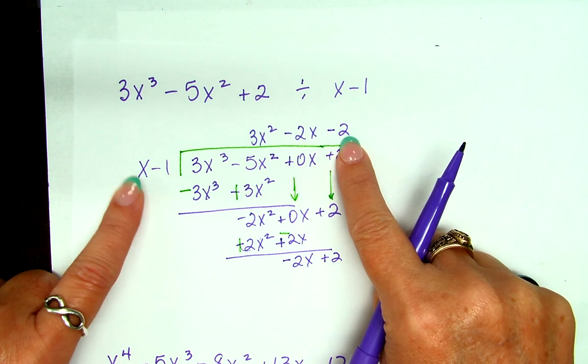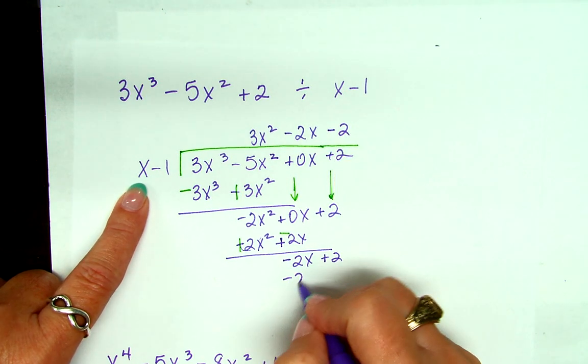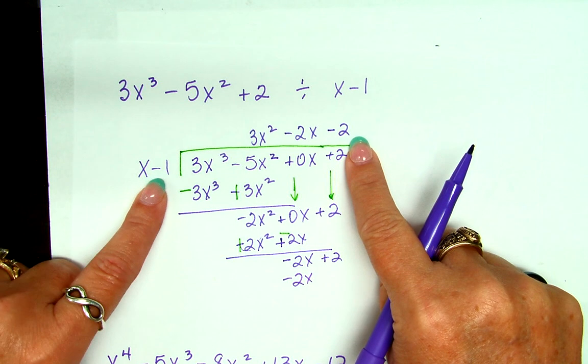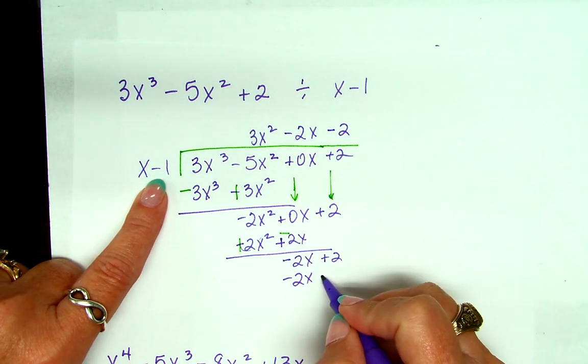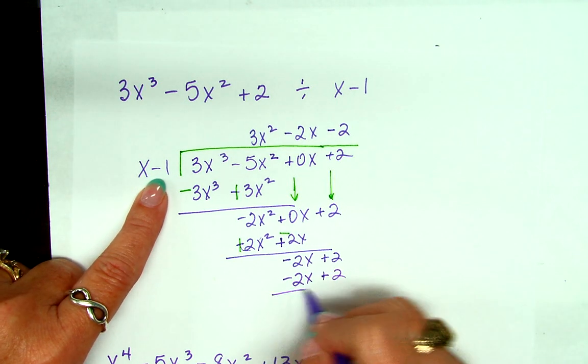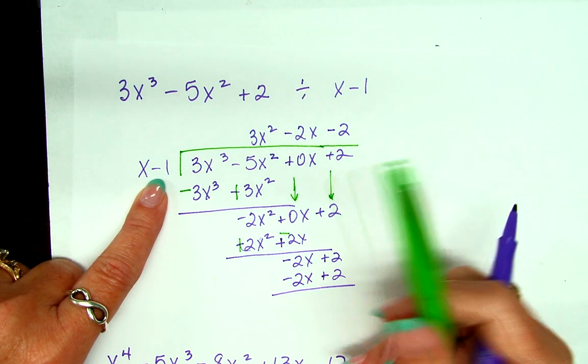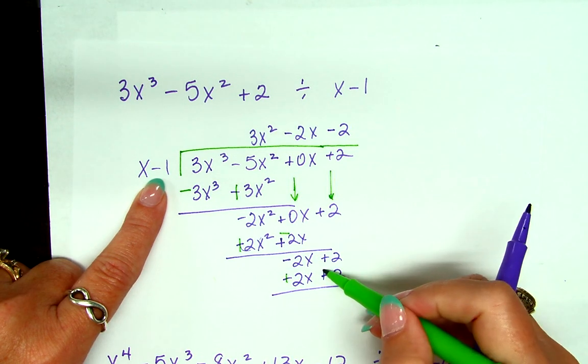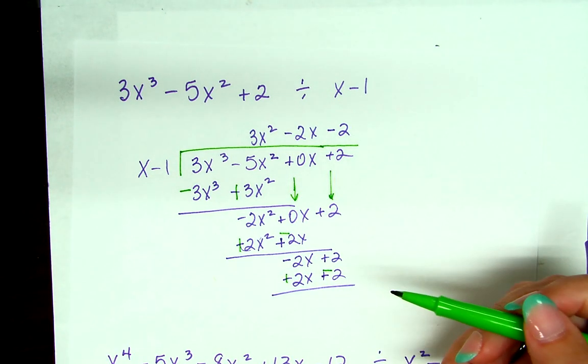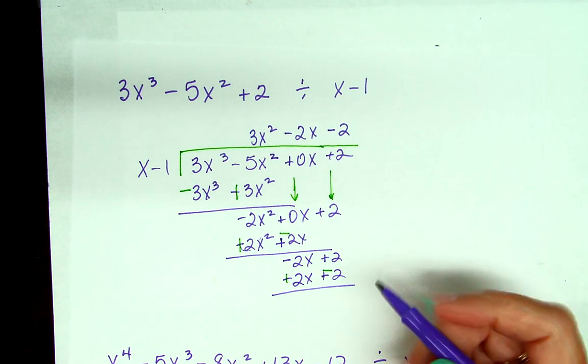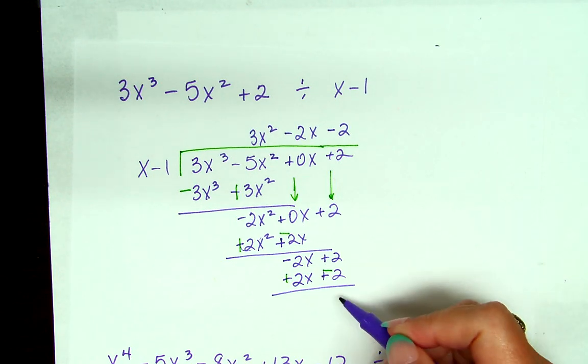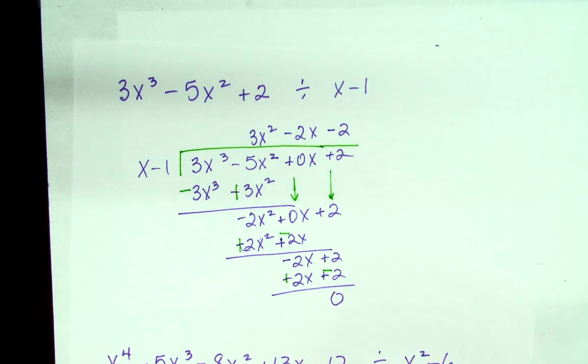Multiply negative 2 times x and negative 2 times negative 1. Plus 2. Positive 2. And now? Subtract. Ooh. What happened? Well, you got 0. I got 0. On both ends.